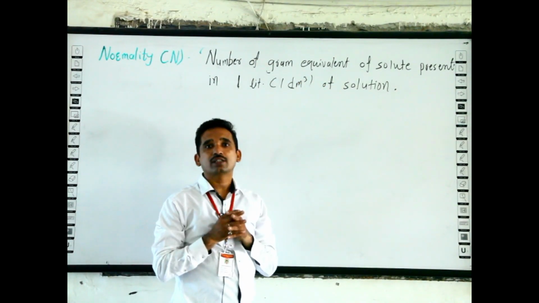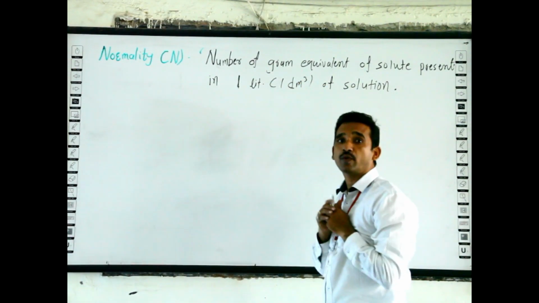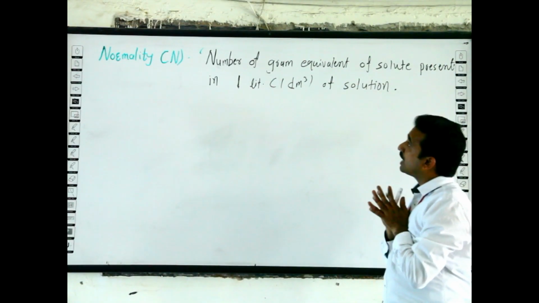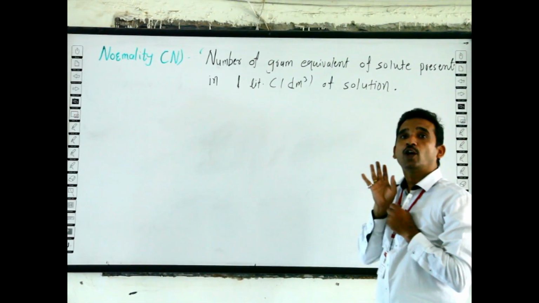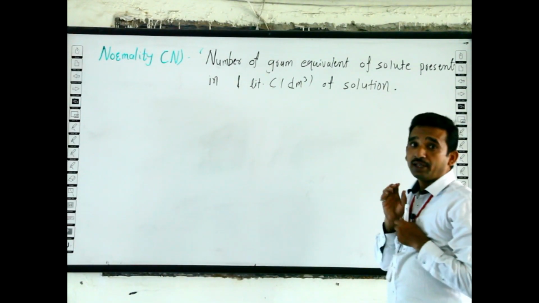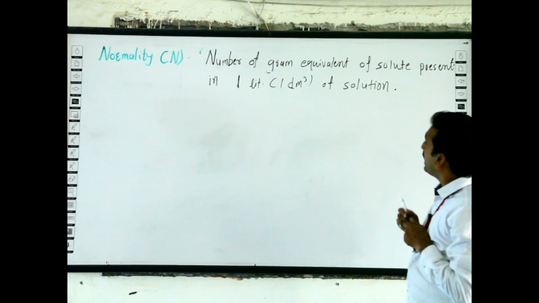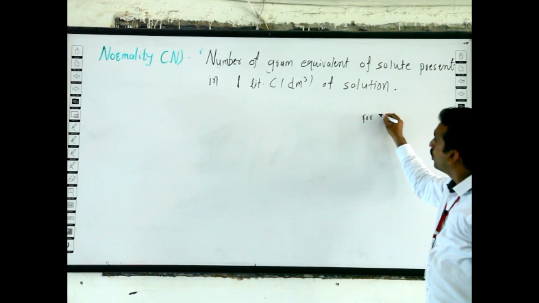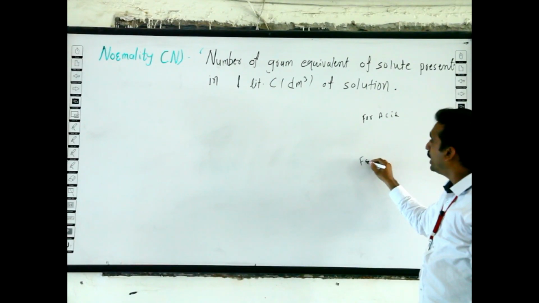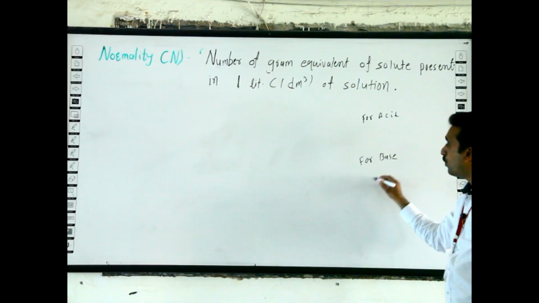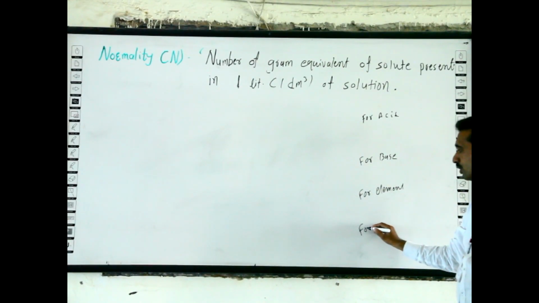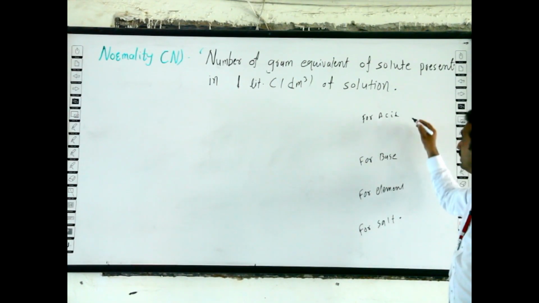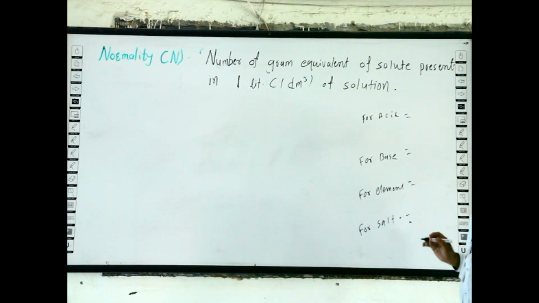Firstly, we have to discuss what is gram equivalent. For the gram equivalent, we have to know the equivalent weight of the substance. Here, for acid, for base, for element, for salt, the equivalent weight is different.